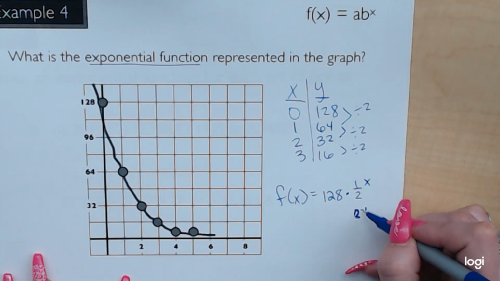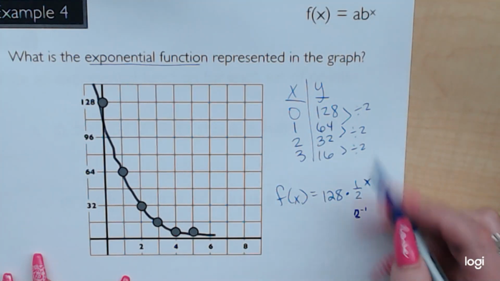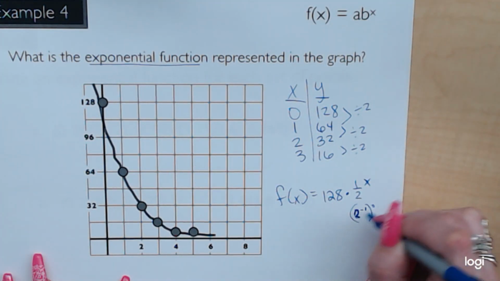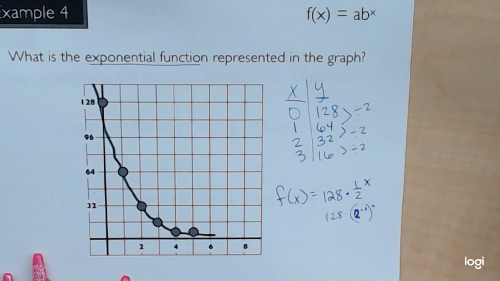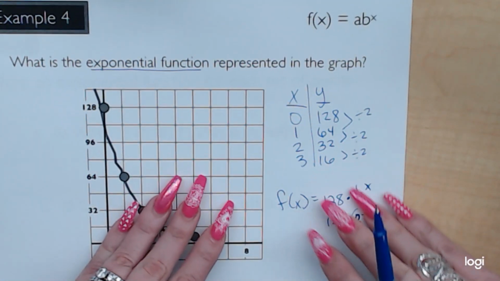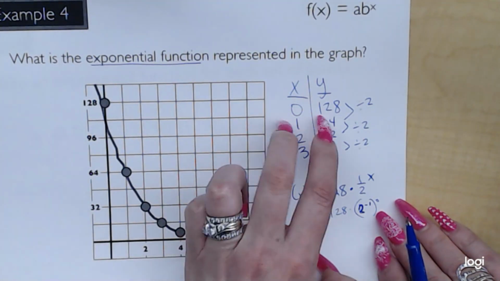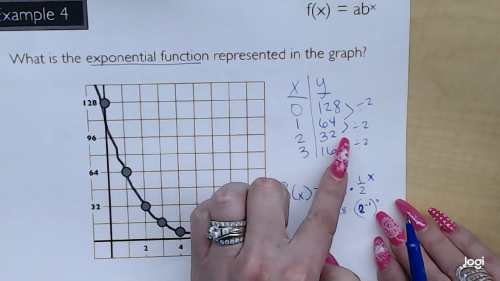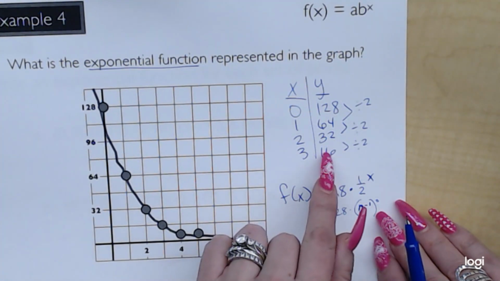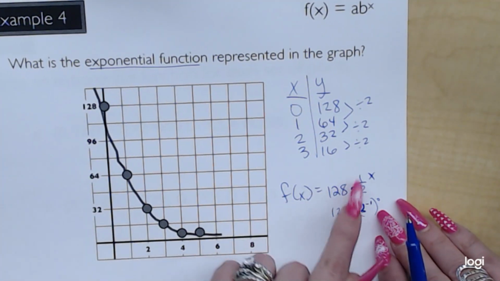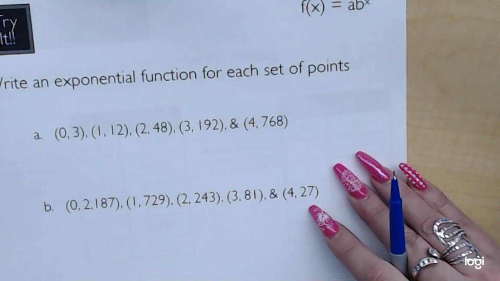And then use that each time you're plugging in the values for the exponent and then multiplying it times 128 each time. But that would be how you check that. So that's how you write from a graph. Make an XY table for your x and y values to find the pattern, the starting point, your a, b values, and your x is your exponent.